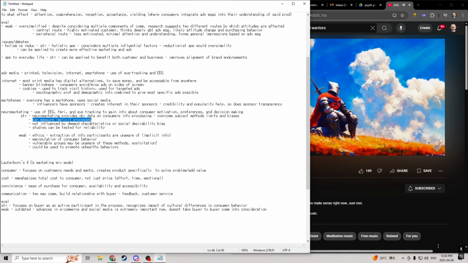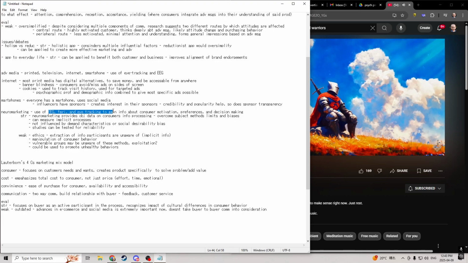It can measure implicit processes, whereas non-neuromarketing methods of measuring consumer information processing, like self-reports, are affected by these biases and limits and can only measure explicit processes.